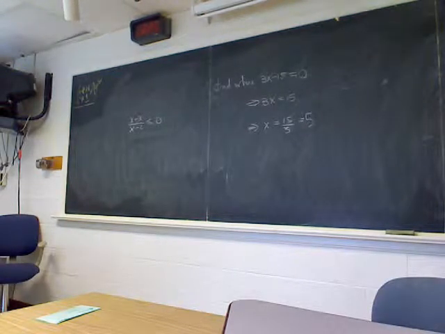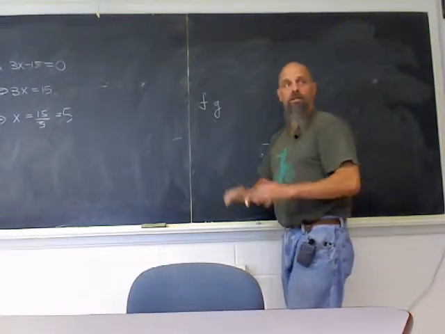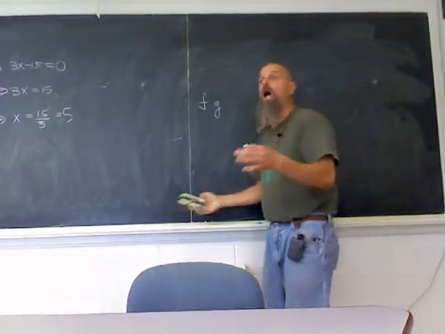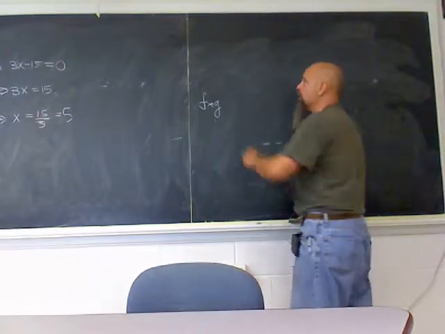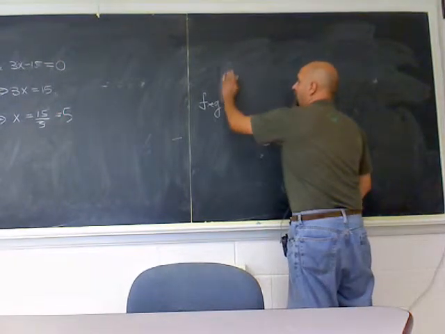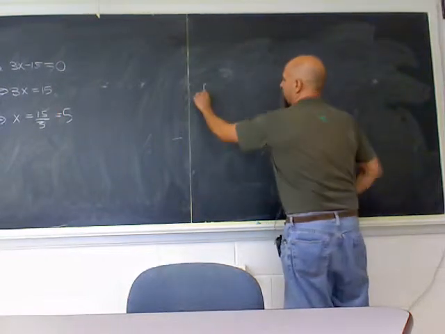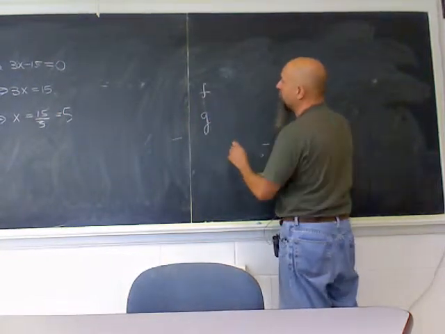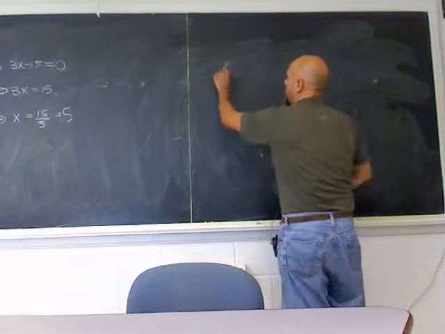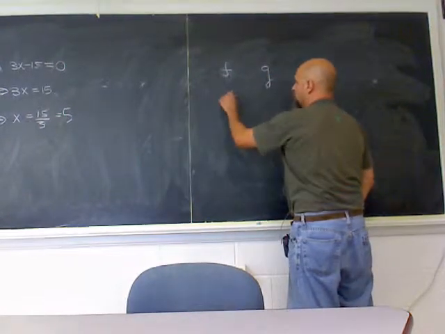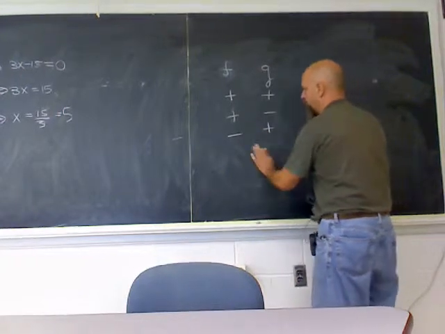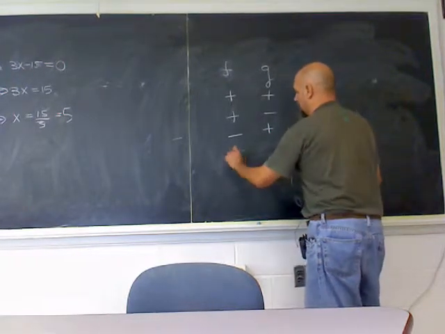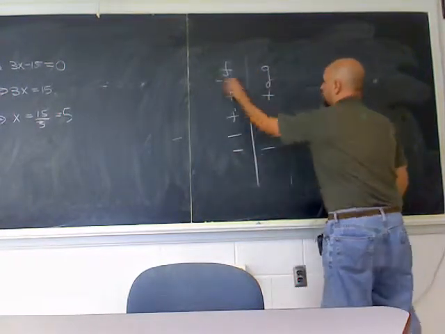So here's what I'm saying. Say f is continuous and g is continuous, nice, smooth functions. F times g is also continuous. So f and g: positive and positive, positive and negative, negative and positive, and negative and negative.